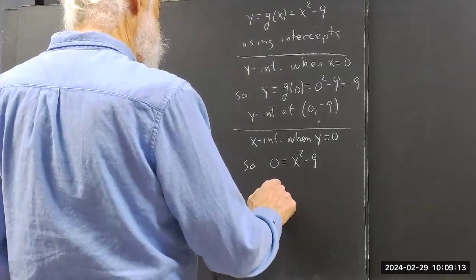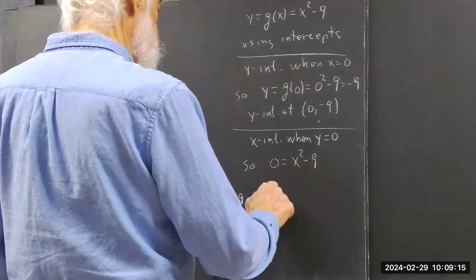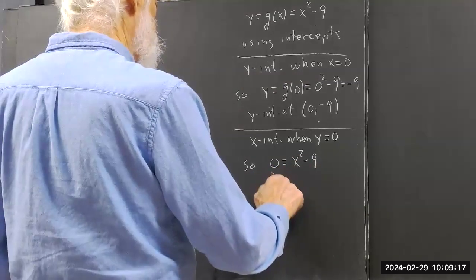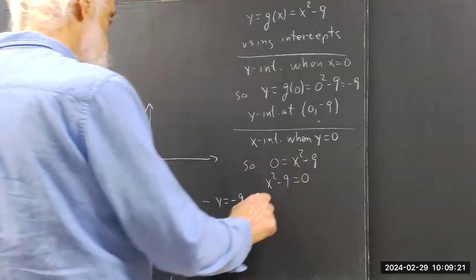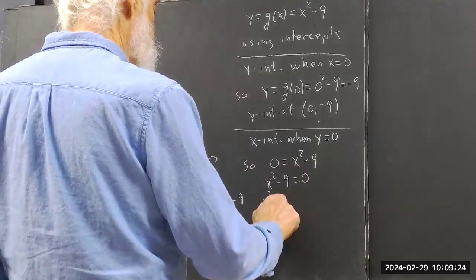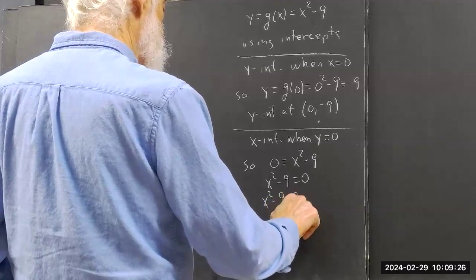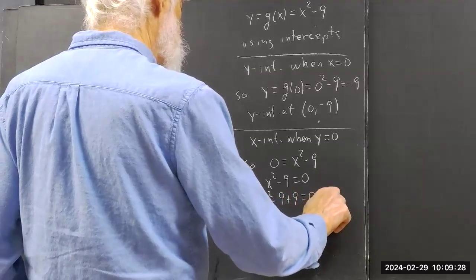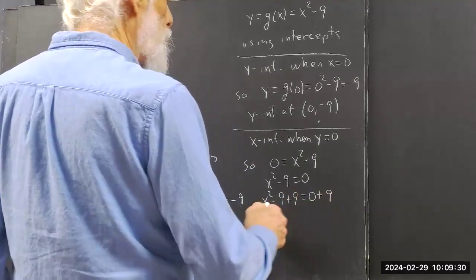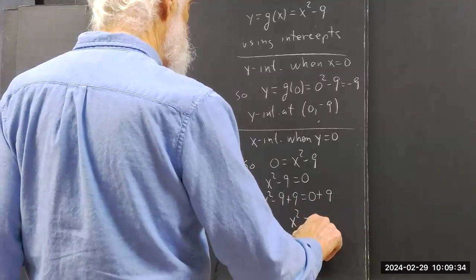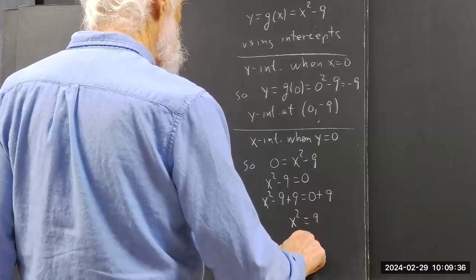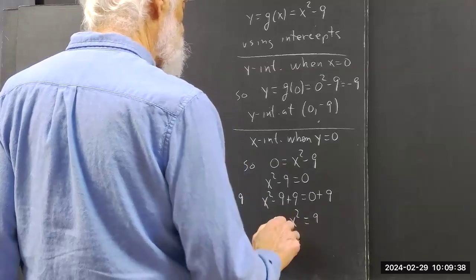Well, we easily solve this equation. I'll write x squared minus 9 equals 0. Just put the x on the left-hand side, but add 9 to both sides. So the solution, x squared is 9.